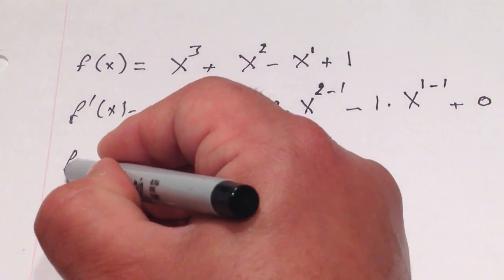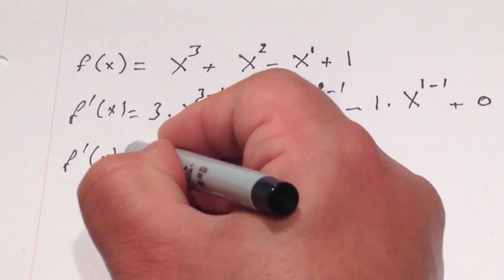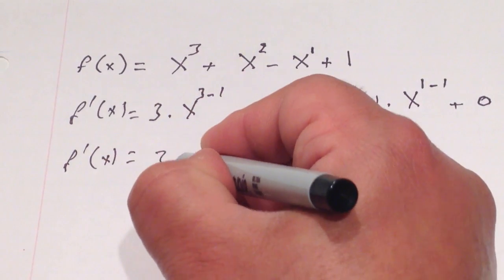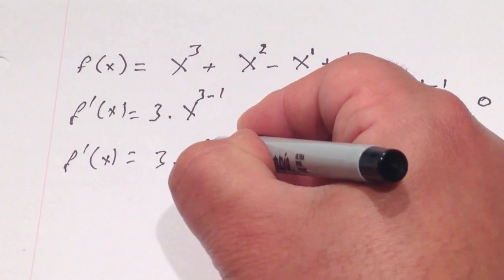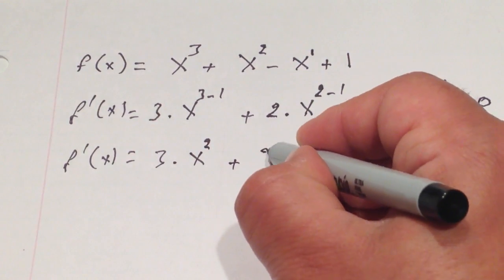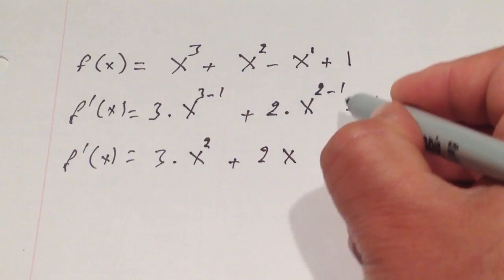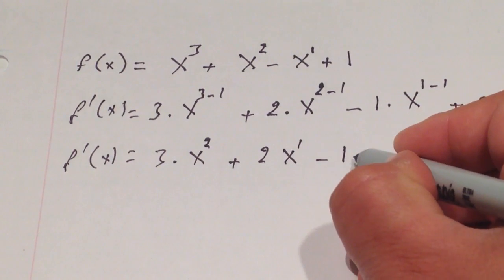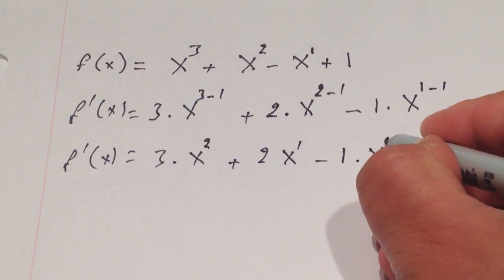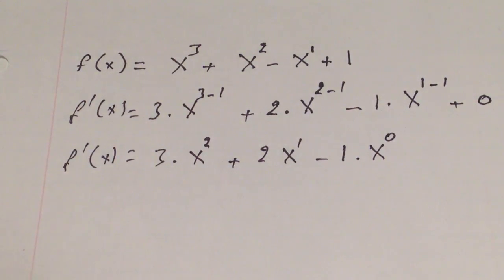So the derivative will be equal to 3 multiplied by x, 3 minus 1 will be 2, plus 2 multiplied by x, 2 minus 1 is 1, minus 1 multiplied by x power 0 plus 0.